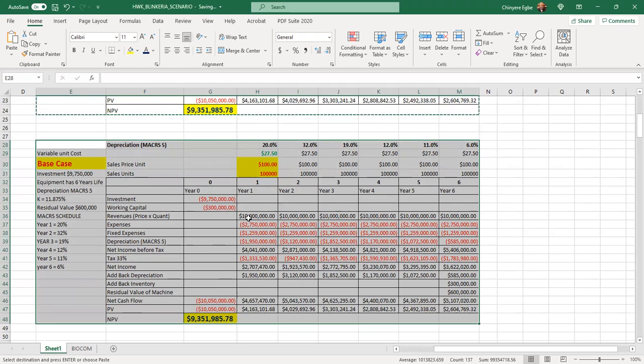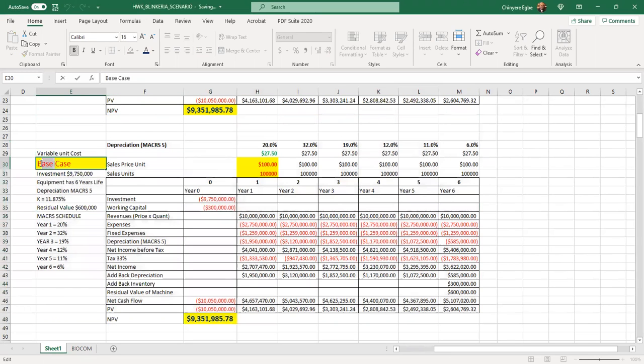Now, once you paste this here, what you need to do is to go and then change this to, say, worst case. The worst case scenario. So worst case scenario means you're going to change the unit variable cost to something different, and the sale price to the worst case, and the sales units to the worst case.